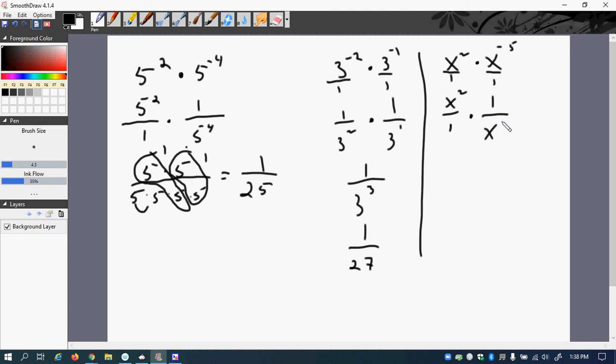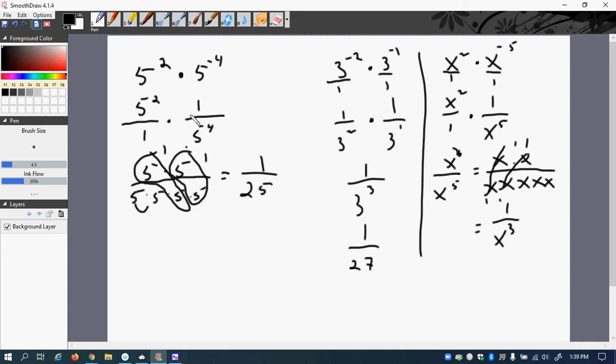That's 1 over x to the 5th. Now I have x to the 2nd over x to the 5th, so 2 in the numerator and 5 in the denominator. This cancels to 1, this cancels to 1, and so now I just have 3 in the denominator and 1 in the numerator. So the answer is 1 over x to the 3rd.